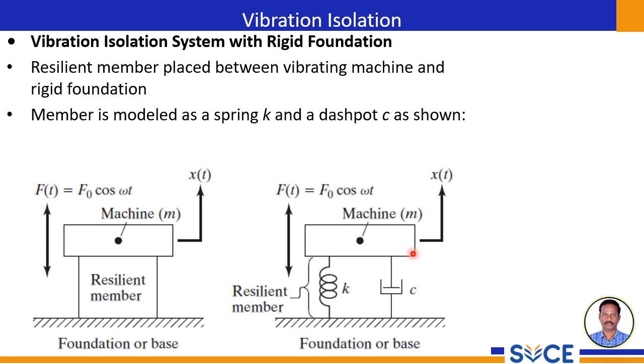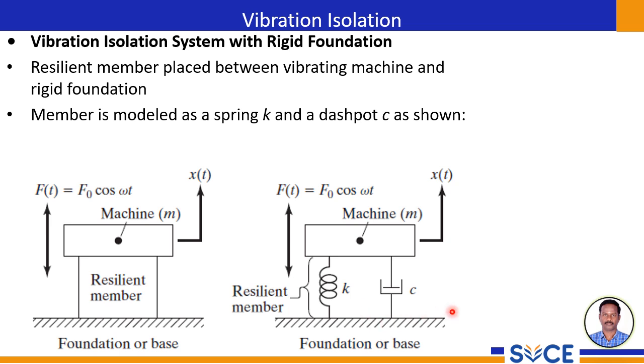So from this, we can analyze the system by mathematically modeling the vibration isolation. We can also use the equations of motion to determine how the vibrations are transmitted through the resilient member to the foundation. By selecting appropriate stiffness and damping values, we can minimize the transmitted vibrations.